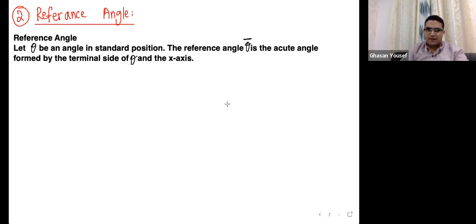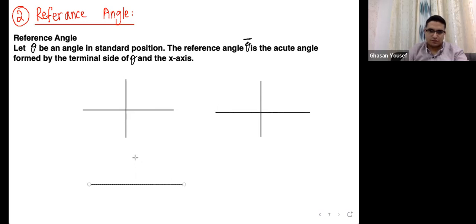I mean for that, first of all, suppose my angle is in the positive x-axis like this. All of them are in the standard position. So all of them, the initial side is in the positive x-axis.